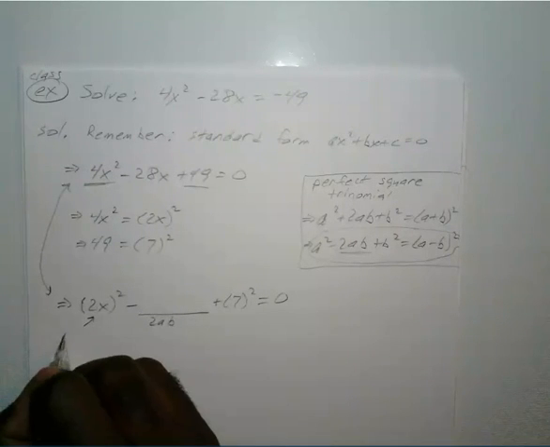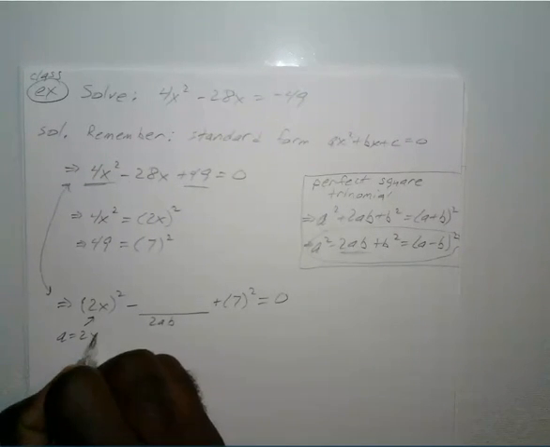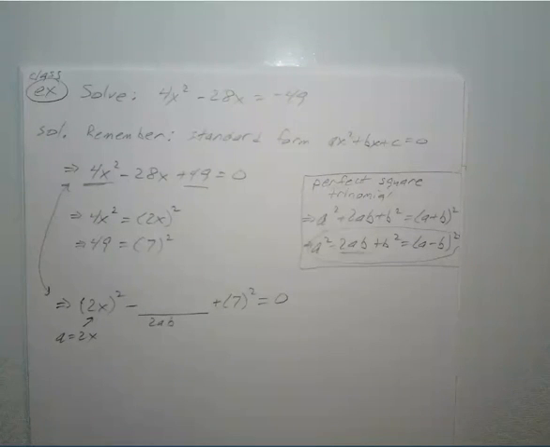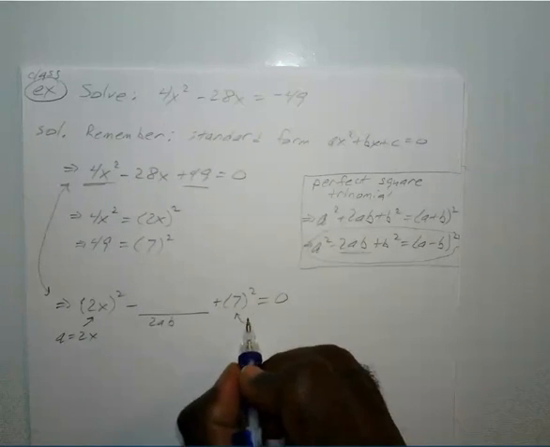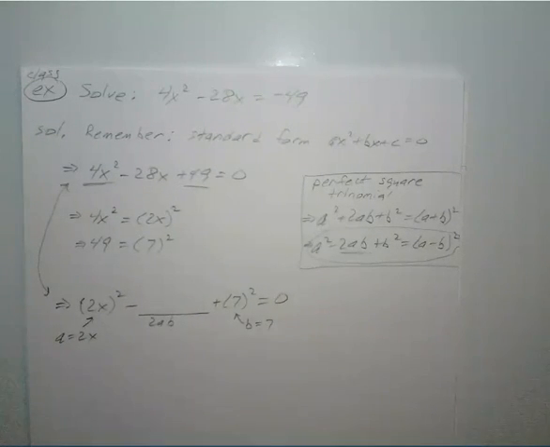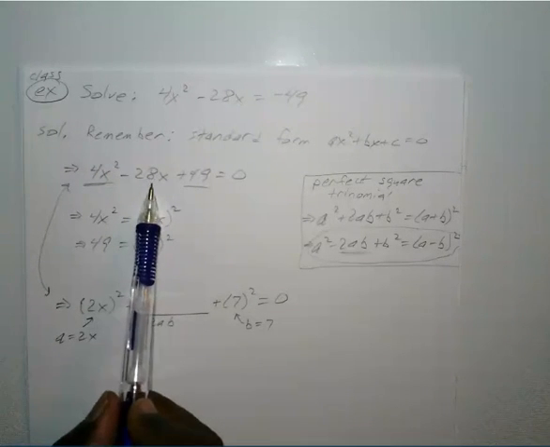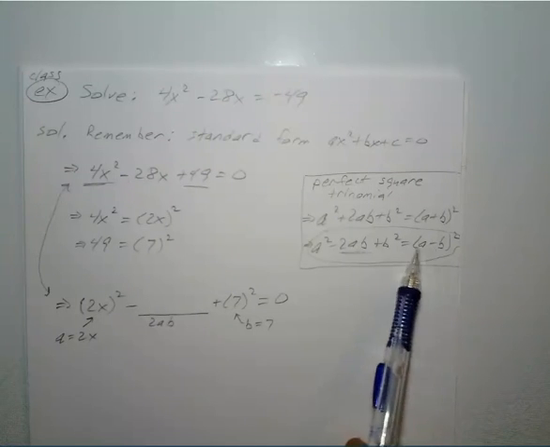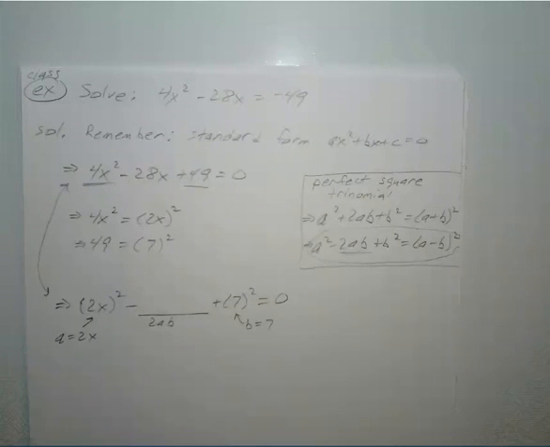Now we see here that our a is equal to 2x. And our b is equal to 7. So 2 times a times b is equal to negative 28x. We can just plug our a and b right into that formula.